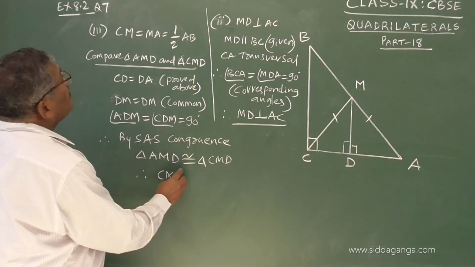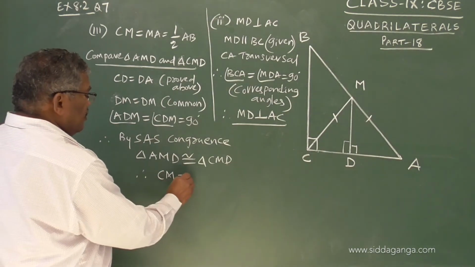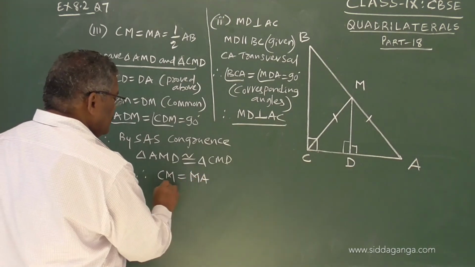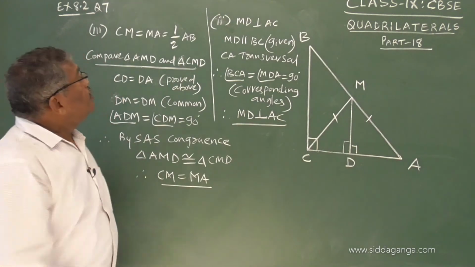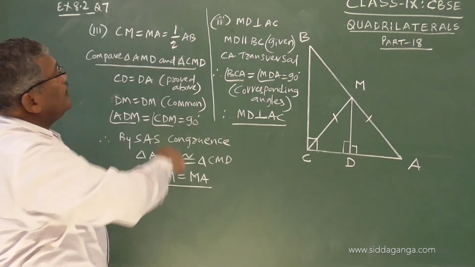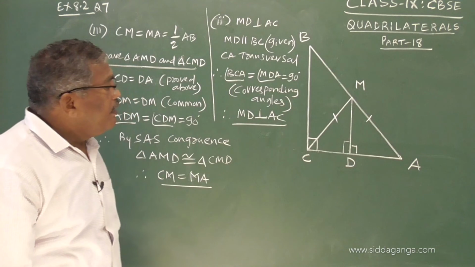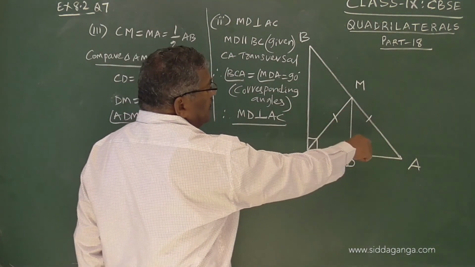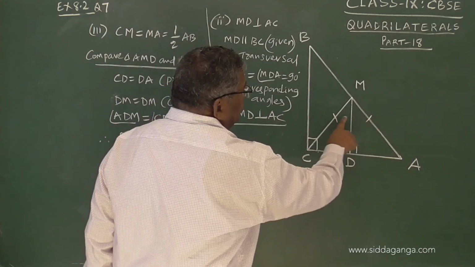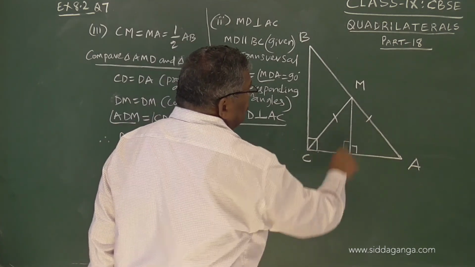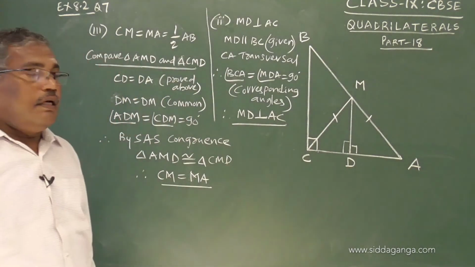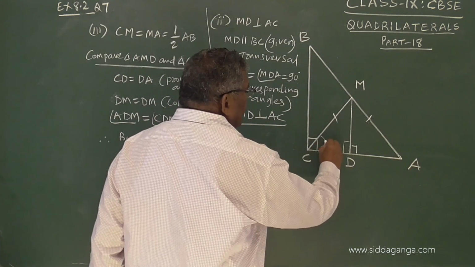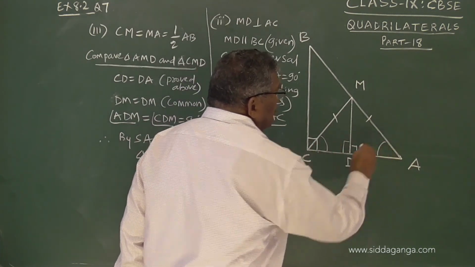CM equals AM or MA. So CM equals MA, that we have proved. And we know that when these two are equal, so these angles will be equal. This angle will be equal to this angle.